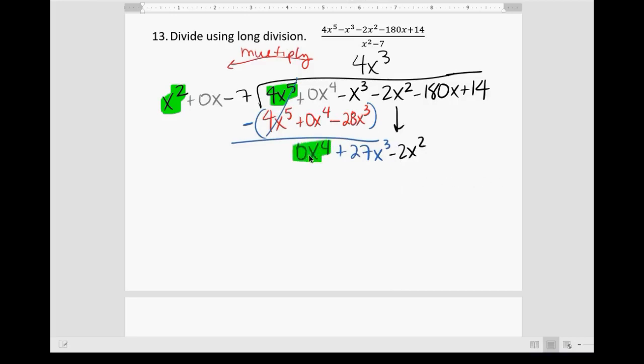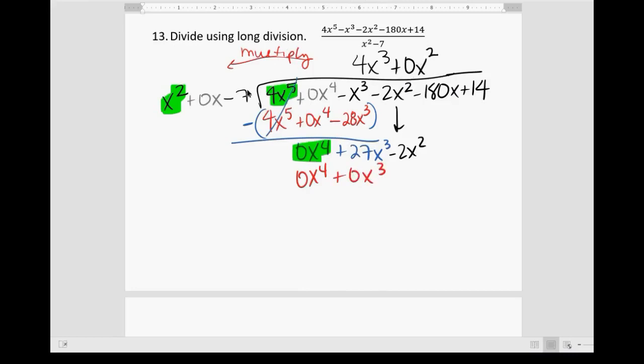Take the leading term, 0x to the 4th divided by x squared. Basically, what times x squared will give you 0x to the 4th? And that would be 0x squared. 0x squared times x squared is 0x to the 4th. 0x squared times 0x is 0x to the 3rd.